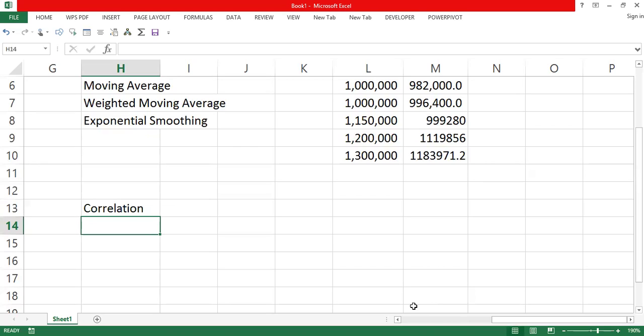It's what we use to measure the strength of the relationship between variables. So how does correlation differ from regression?